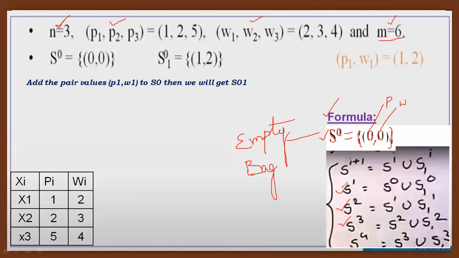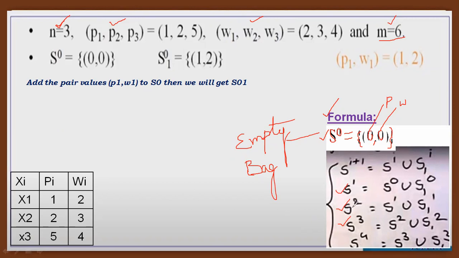How to find the value of S^1? You can find S^1 as S^0 union S^0_1. That means if you combine the pairs of values of S^0 and the pairs of values of S^0_1, you will get the pair list of values of S^1.